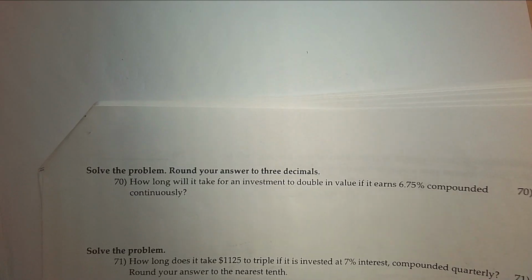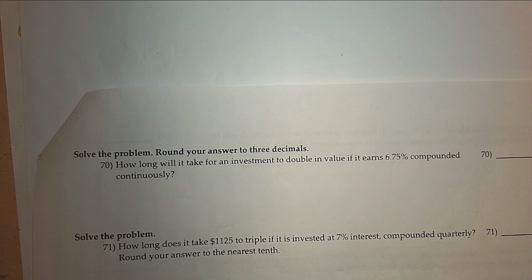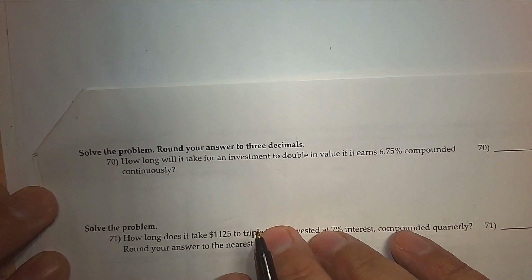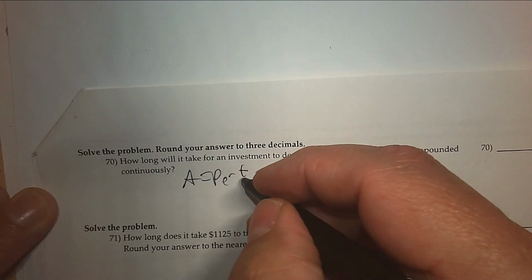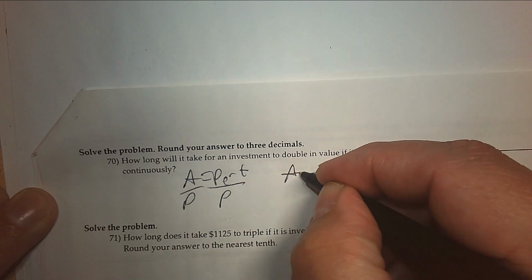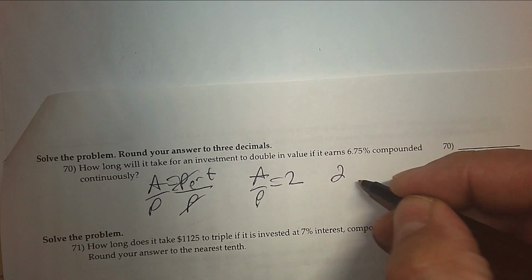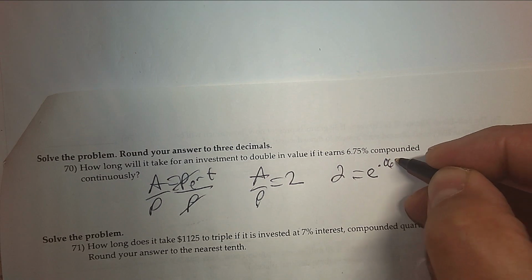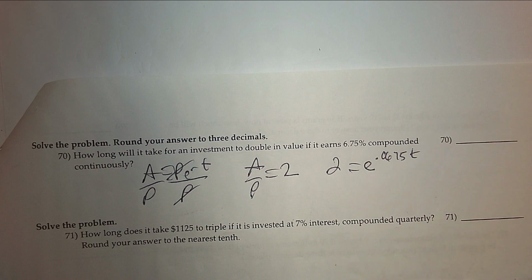How long will it take for an investment to double in value if it earns 6.75% compounded continuously? Well, if it doubles, that means when I divide by P, so A divided by P, if it doubled, would equal 2. That's what it means to double. So that means 2 is equal to E to the RT. So that's 0.0675, and I'm solving for T. So I need to write that as a logarithm.